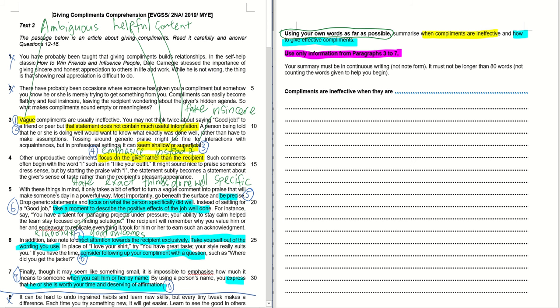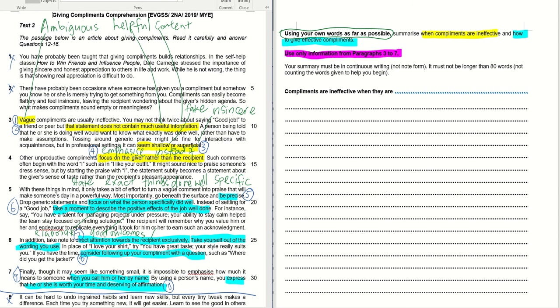Alright, direct attention towards the recipient exclusively can be focus on or concentrate. I like the word concentrate. Maybe I should use the word concentrate.